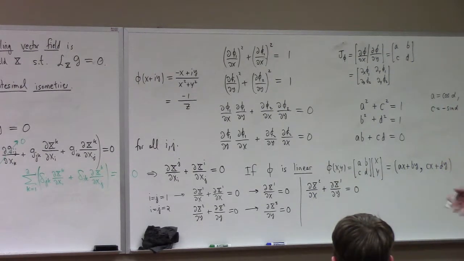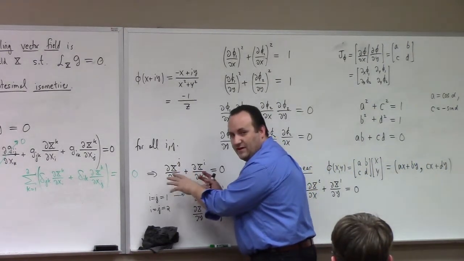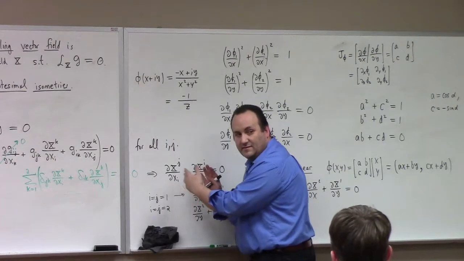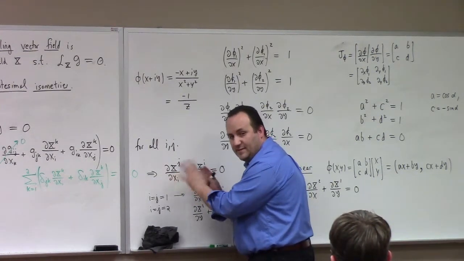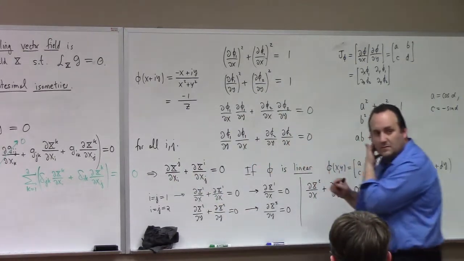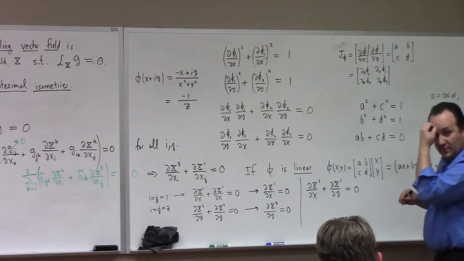We could, of course, also look at the other case, but you notice that these are symmetric in i and j. So looking at i equals 1 and j equals 2 versus the other way around, they're going to be the same equation. So this is it. But these are very nice. That says that x1 is just a function of y, right?